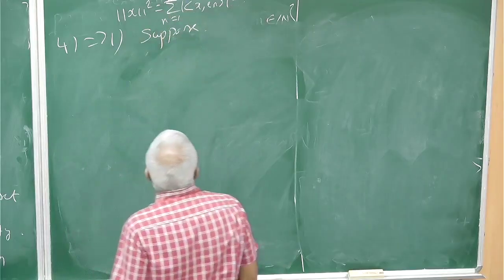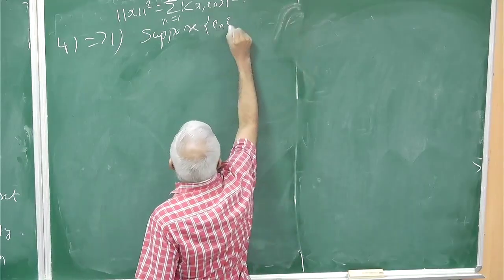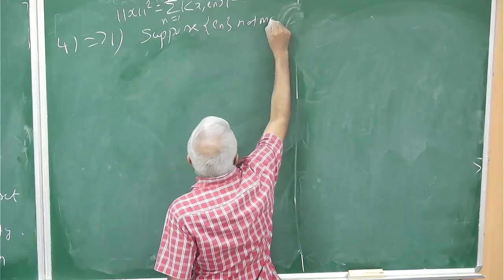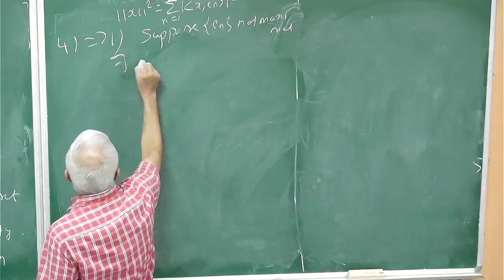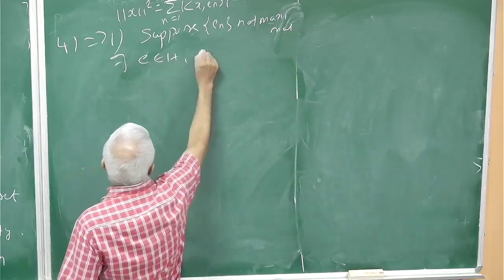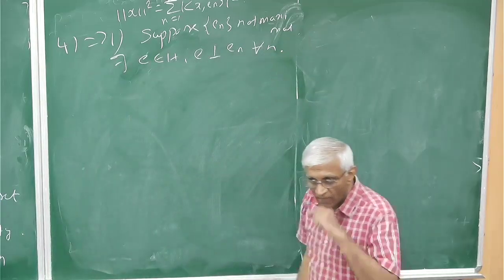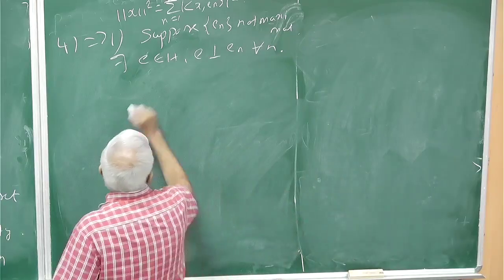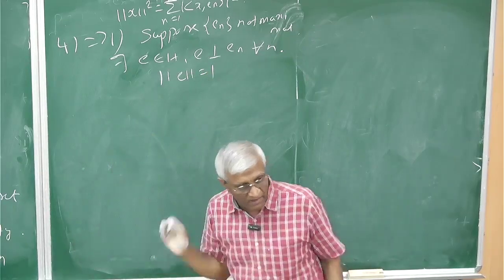And suppose e_n is not maximal. Then there exists an e in H such that e is orthogonal to e_n for all n, and the norm of e equals 1. You can just divide by the norm if you want.